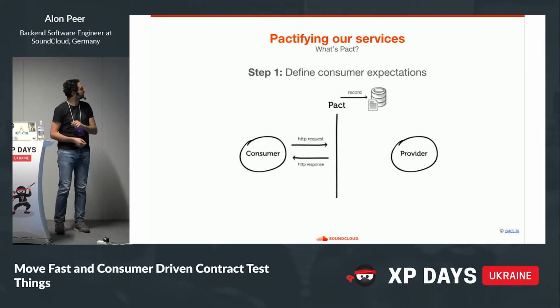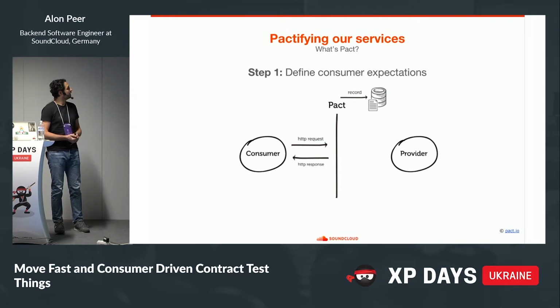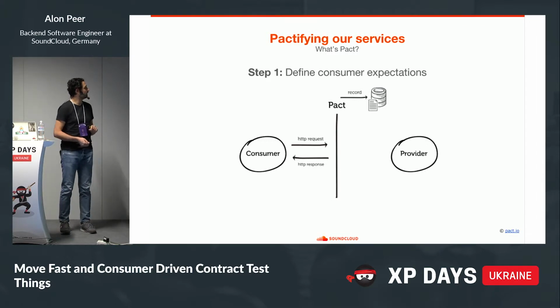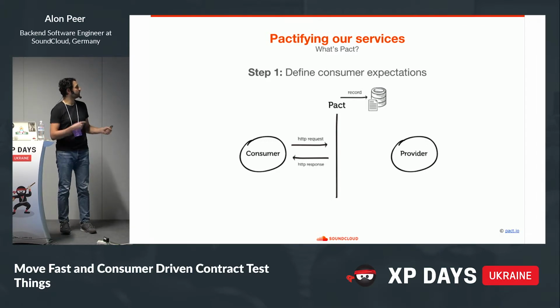Now, let's take a look at how it looks. So first, we define the consumer expectations. On the consumer side, we record those HTTP requests that the consumer does and the responses that it expects. And this set of expectations is recorded into a Pact file.